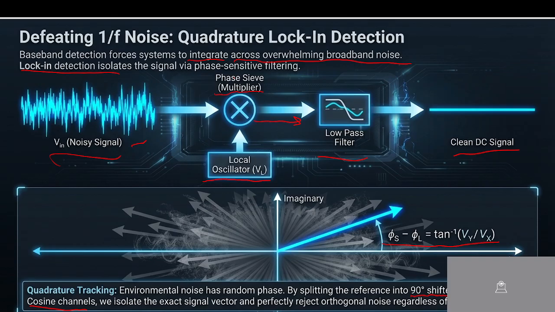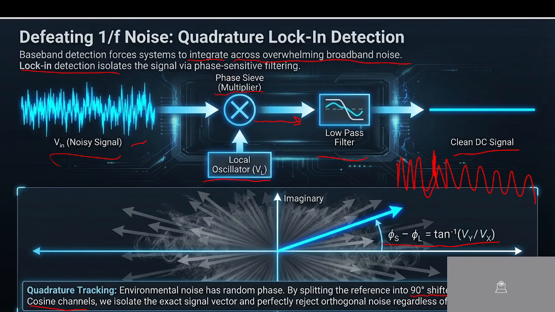So what is happening in this quadrature lock-in detection? Why do we need it? Because our signal is sometimes buried inside noise. Suppose you have noise like this, and you might have one small signal somewhere here, and you want to detect it.